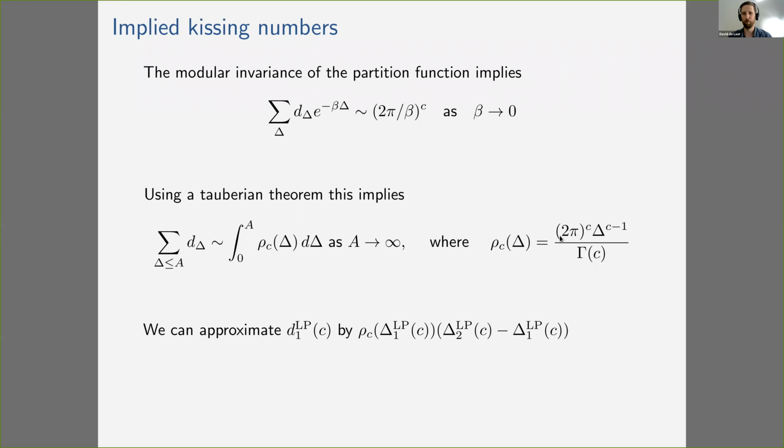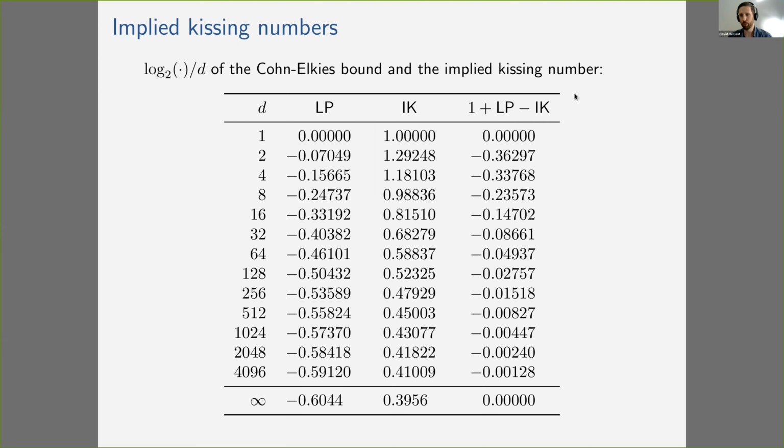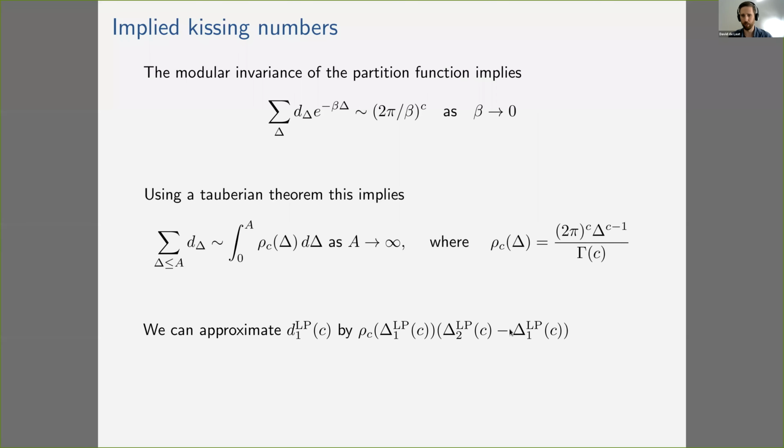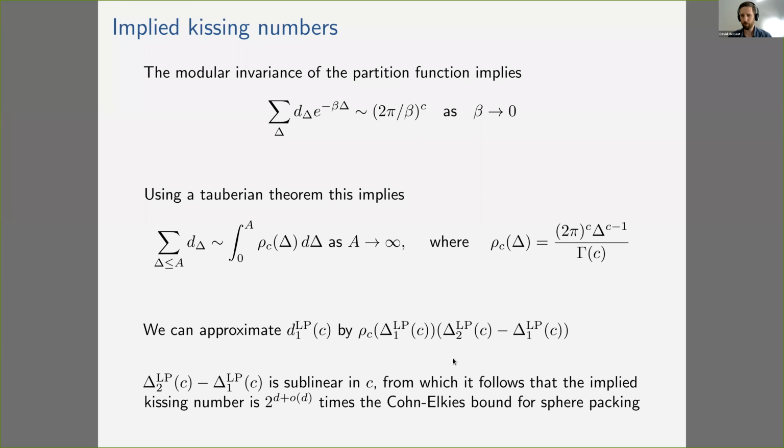I'm just showing an argument that gives us a better understanding of this numerical behavior. And then this factor here is sublinear in C. In fact, delta 1 is roughly linear in C. So if you go to very high scaling dimensions, say delta 1000 minus delta 999, that will be roughly 1. And that means that this delta 2 minus delta 1 seems to be close to root C actually.